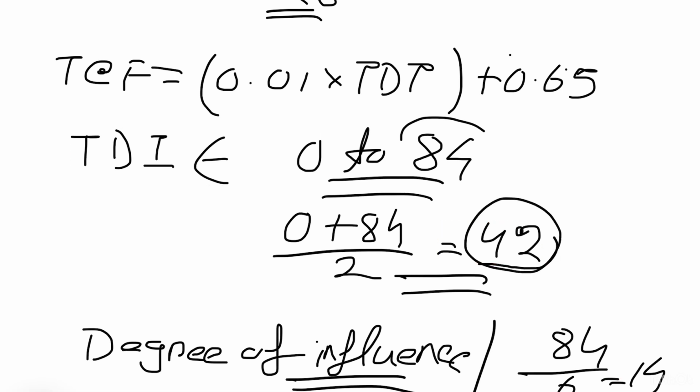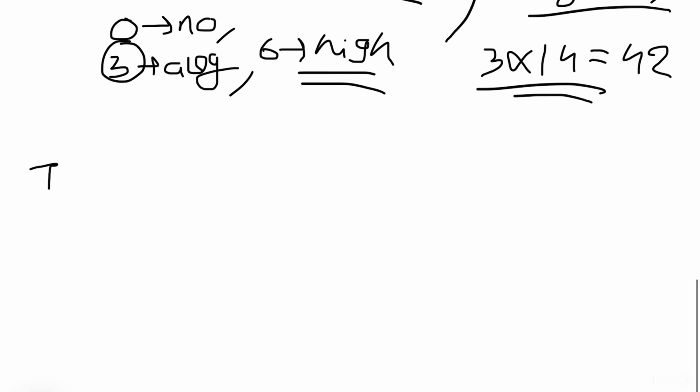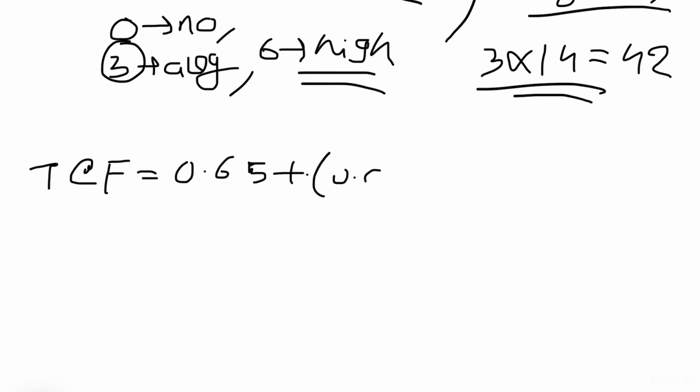So we'll calculate our TCF as 0.65 plus 0.01 into 42. Let me calculate this. 0.01 into 42 gives us 0.42, and 0.42 plus 0.65 gives us 1.07.